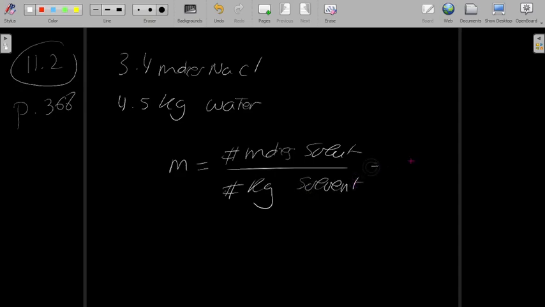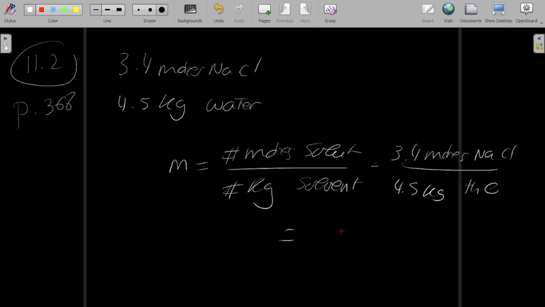Do we have all the information? Well, yeah, the solute is your sodium chloride, your solvent is your water, and it is in kilograms and moles. So plug it in. 3.4 moles of the sodium chloride divided by 4.5 kilograms of water, H2O. Do the math, and you get 0.76 molality.